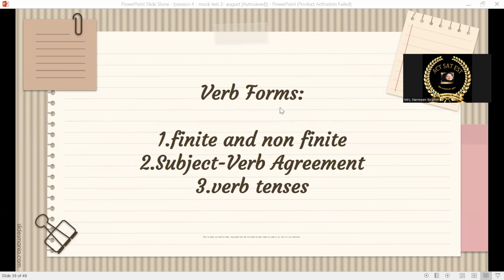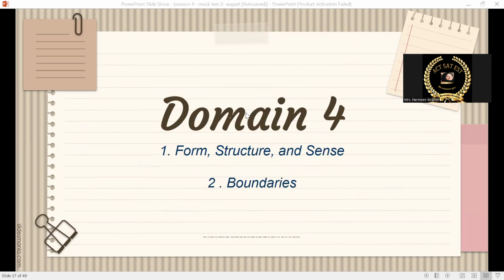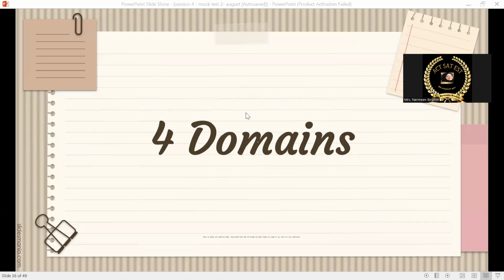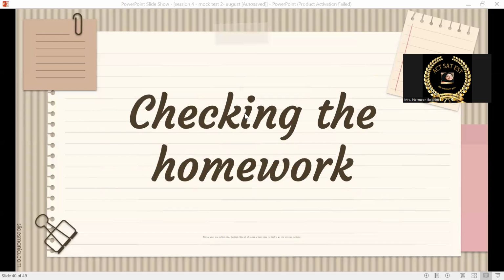And we discussed finite and non-finite, subject-verb agreement, and verb tenses in the previous session. All these topics belong to the fourth domain, the English conventions. Okay, so let's now start by checking the homework.